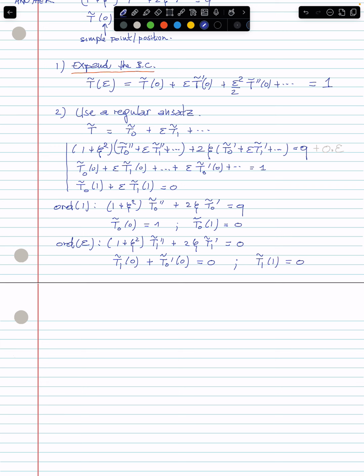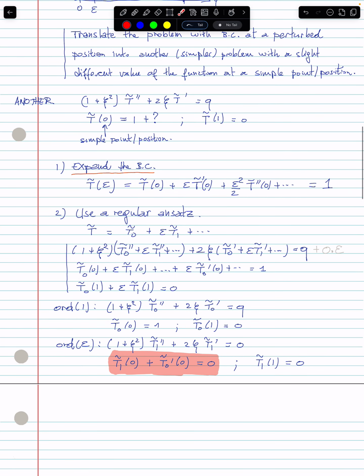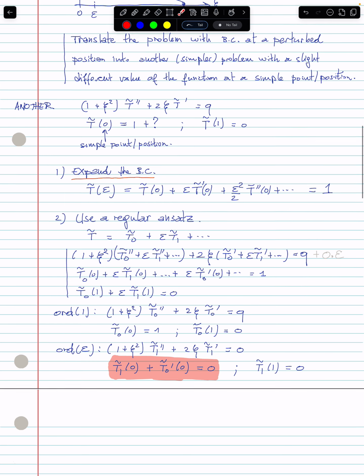All right, so the second boundary condition is easy, so I won't discuss this too much, but the most important one here, I need to highlight something, is this equation, where in fact you see that instead of having T1 tilde equal to 0, which is what you would have obtained from the original problem by just substituting the ansatz in the boundary condition.